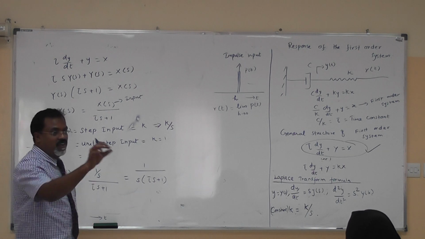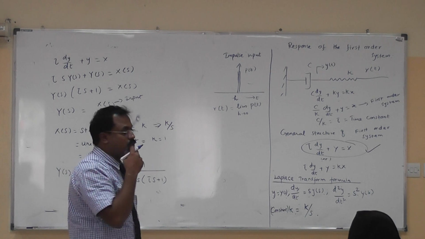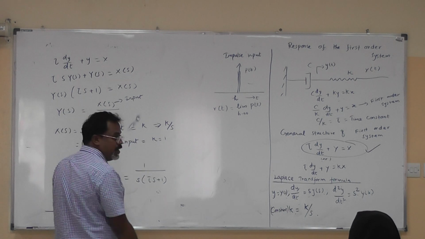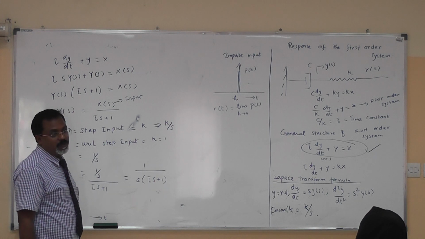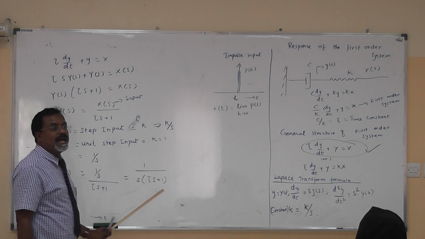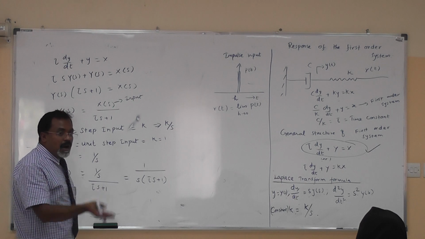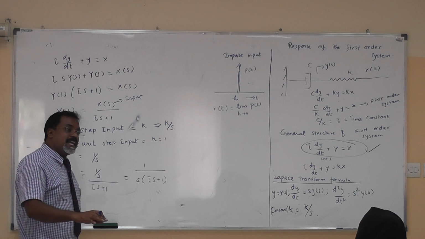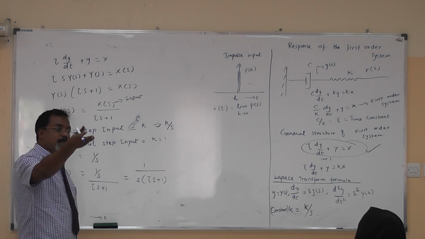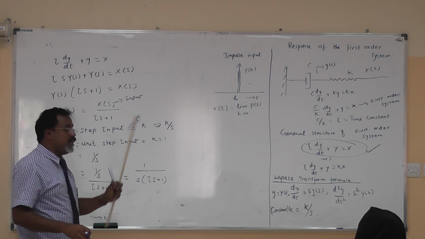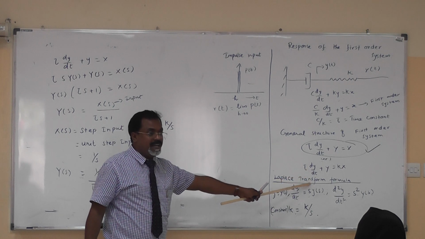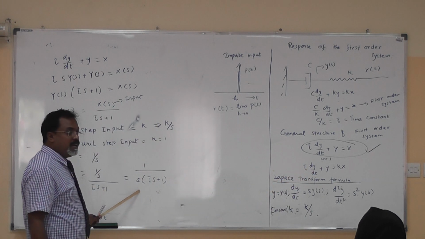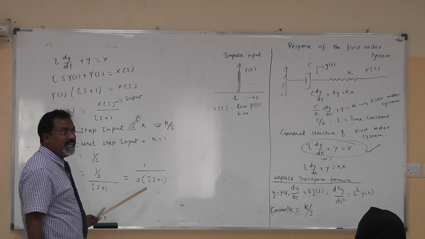So there are certain formulas to convert. Now I have found the equation using the Laplace transform. Now I am going to convert this Laplace transform into inverse Laplace transform to find the equation in the t domain, because dy by dt is given in the t domain, and this is with respect to s.